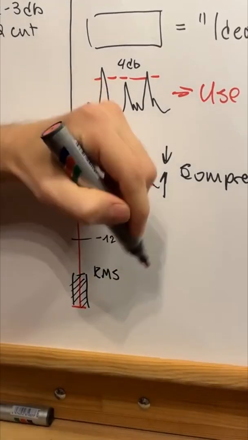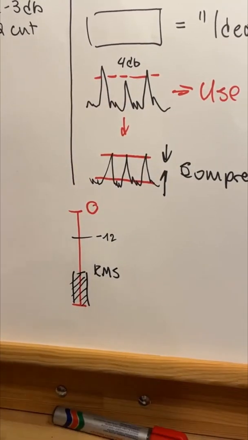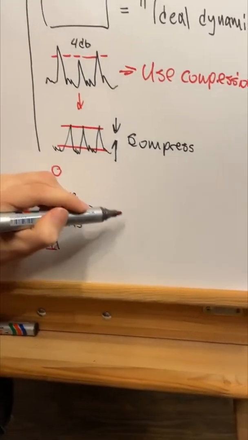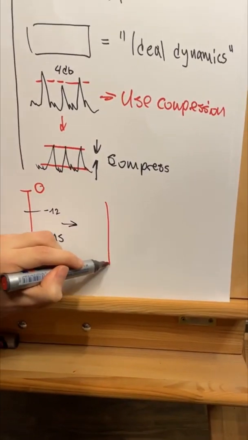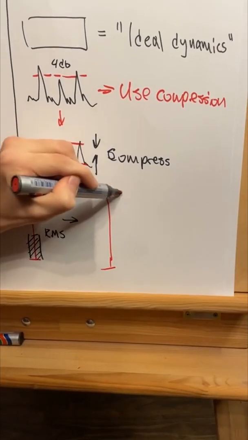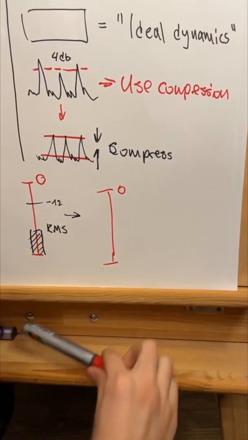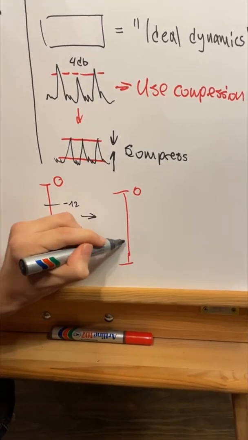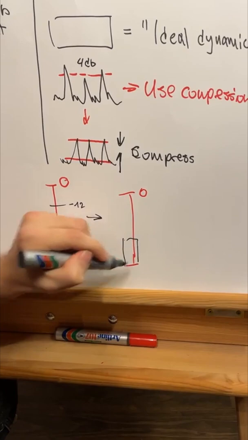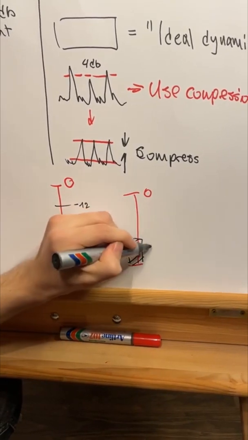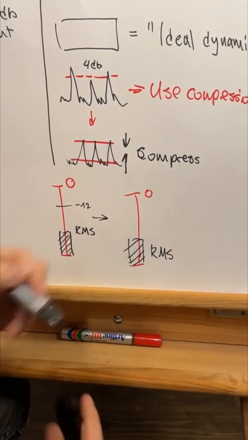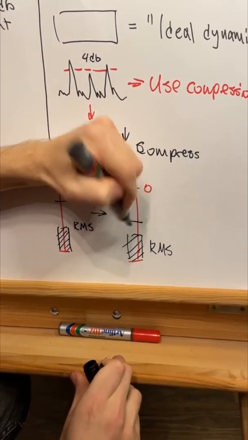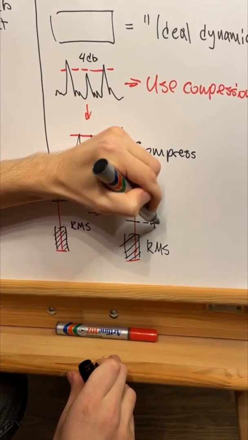From that, we want to go to something more like that. We want to have consistent levels. So just like this, this is going to be 0, and the RMS is going to be the same. Once again, RMS. And the peaks now are going to be less, so let's say this is going to be minus 18.